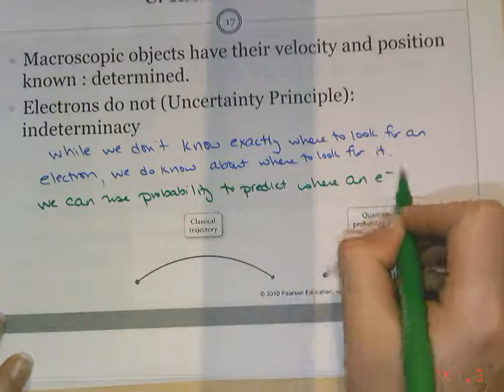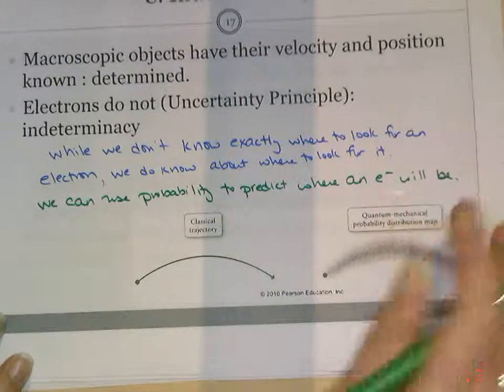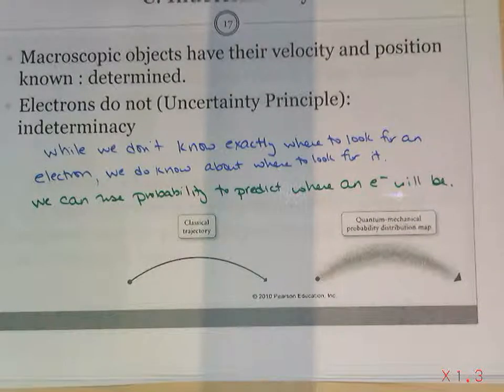That's what indeterminacy is, using probability to determine the location of an electron based on the fact that we don't know exactly where and how fast it's going. We can use probability to figure it out.